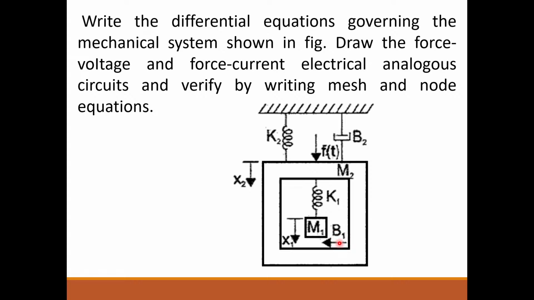B1 is the frictional element, which is in between M1 and M2, and K1 is also in between M1 and M2. So the opposing force due to this elastic element and the opposing force due to this frictional element are both between M1 and M2. So just draw it.